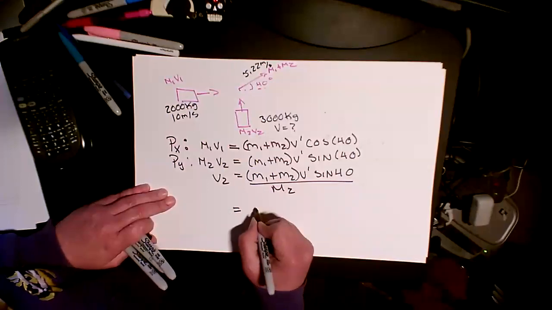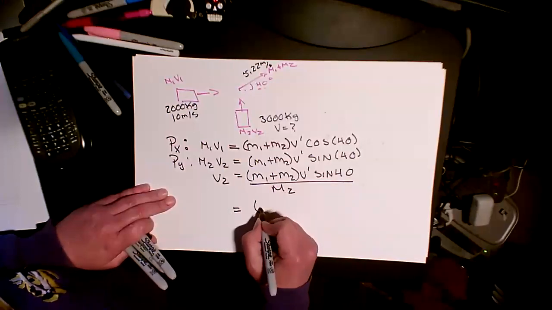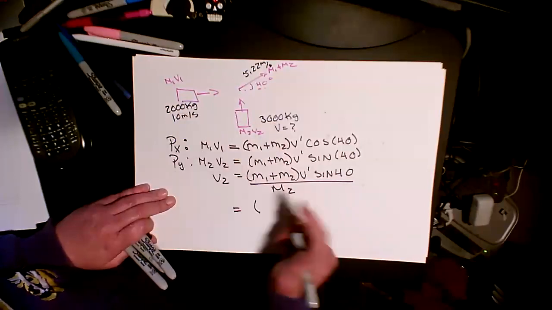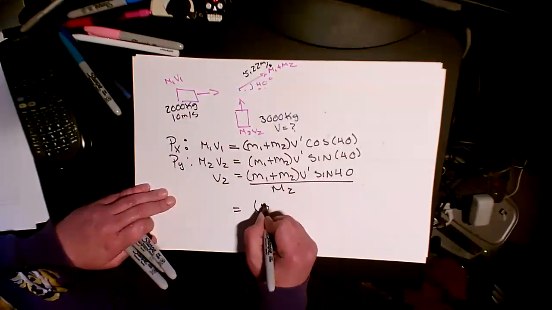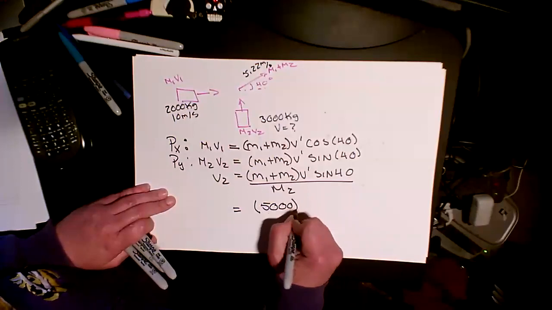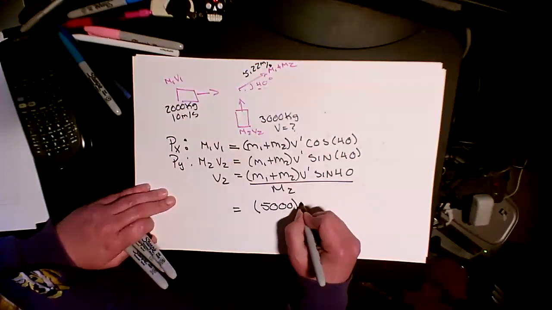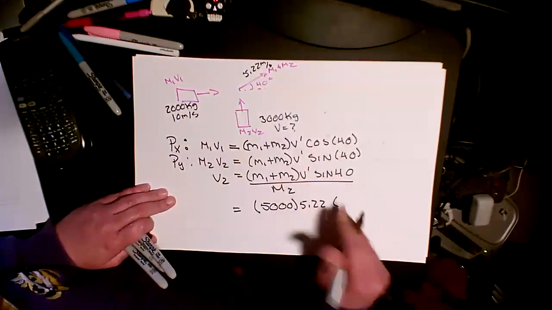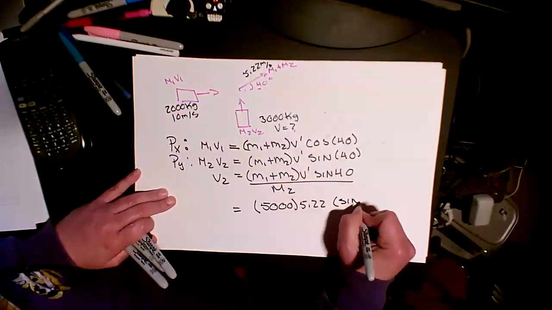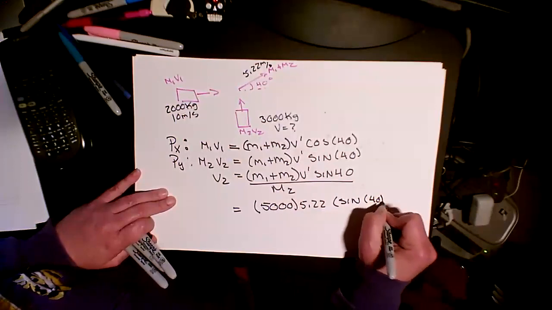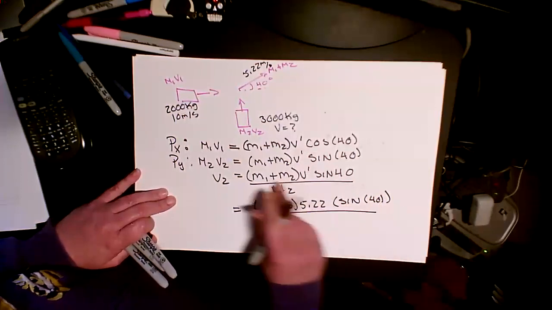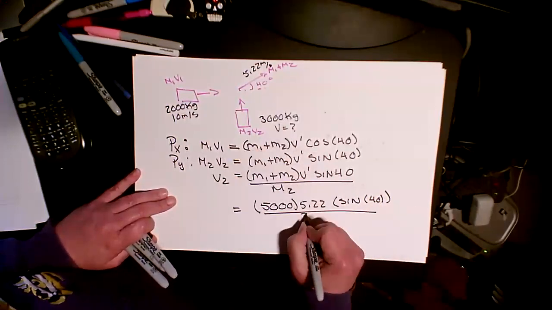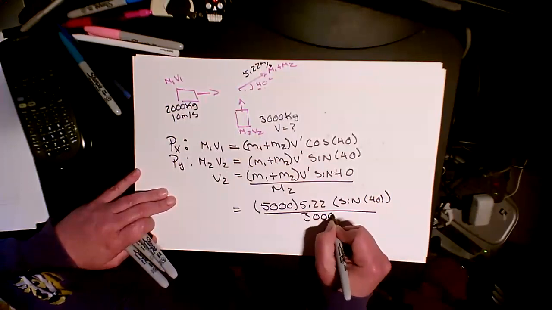Now we can put in our numbers. We have mass 1 plus mass 2, 3,000 plus 2,000, so 5,000 times v prime, which is 5.22 meters per second, times sine of 40, divided by mass 2, which is 3,000.